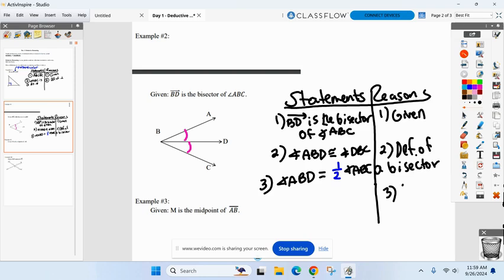There you go. So, definition of bisector again. And can we also agree, before we move on, that instead of ABD, what else could I have had here? DBC, the other angle. DBA. Yep, there's nothing wrong with that one.